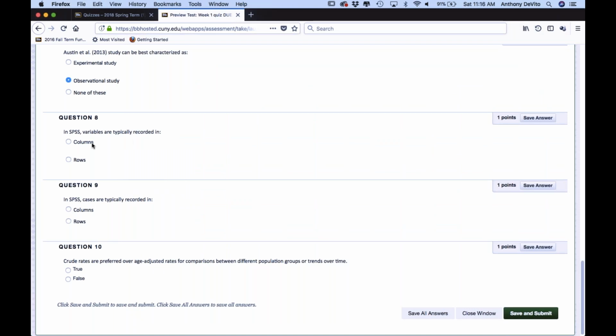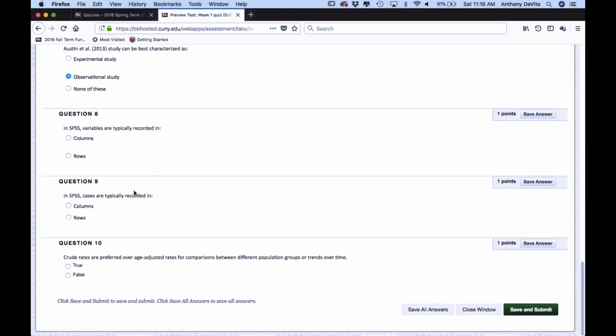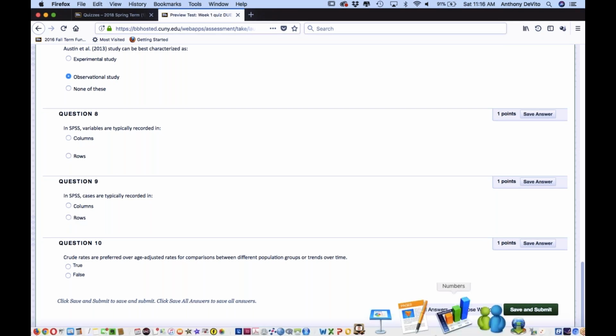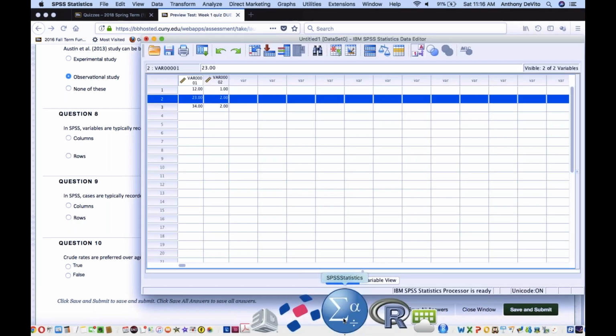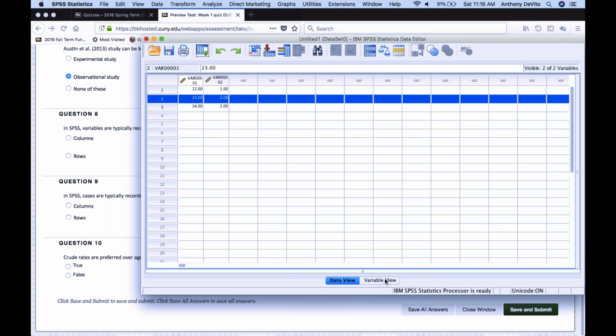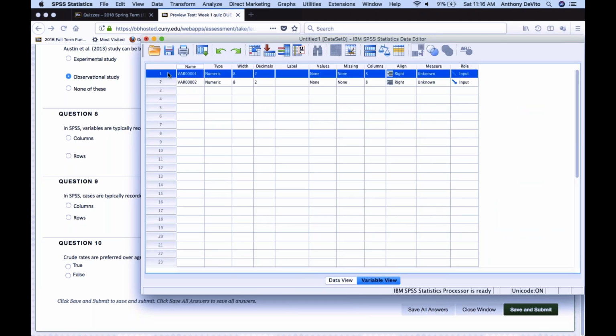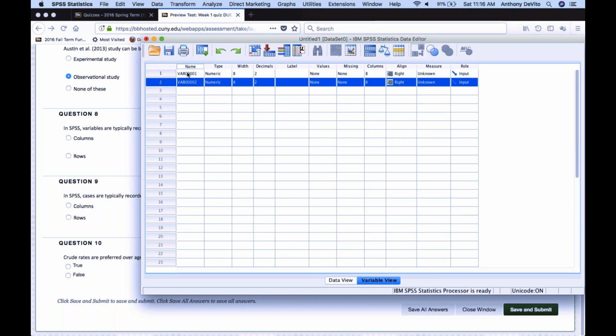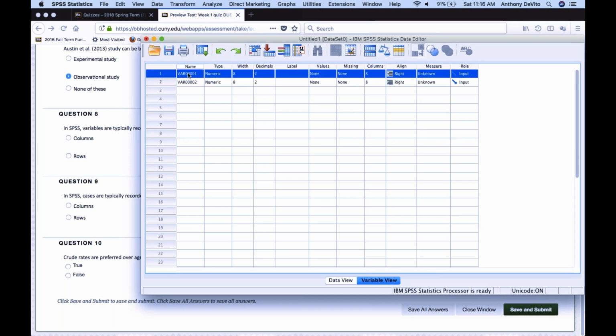So variables are typically recorded in the columns, and the cases are typically recorded in the rows. The only caveat to that is that when you go into the variable view, now all the rows are variables. This represents column 1, this represents column 2, and all the details about that variable, what kind of variable it is.